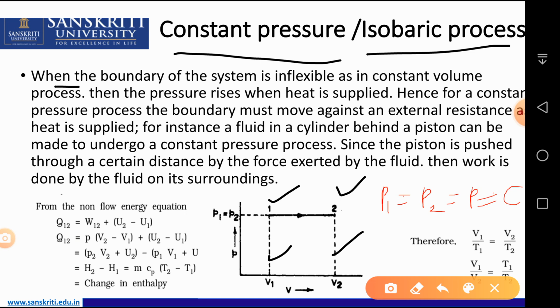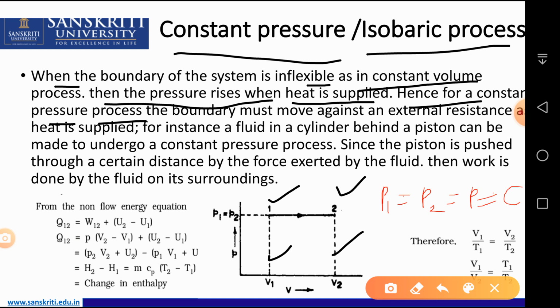When the boundary of a system is inflexible, as in a constant volume process, the pressure rises when heat is supplied. Hence for a constant pressure process, the boundary must move against an external resistance, and that heat is supplied.